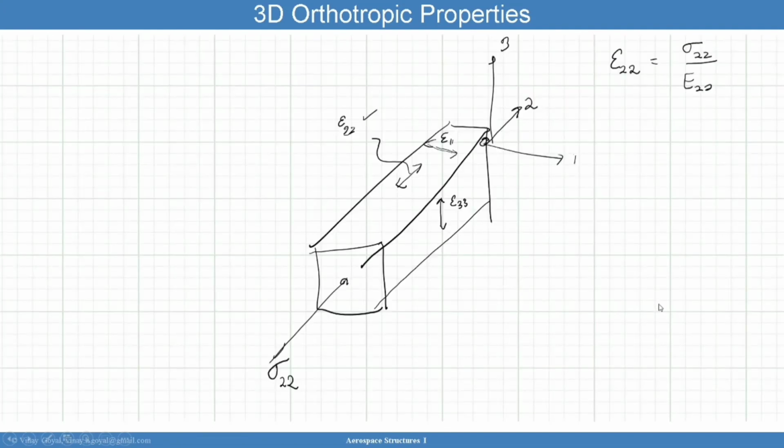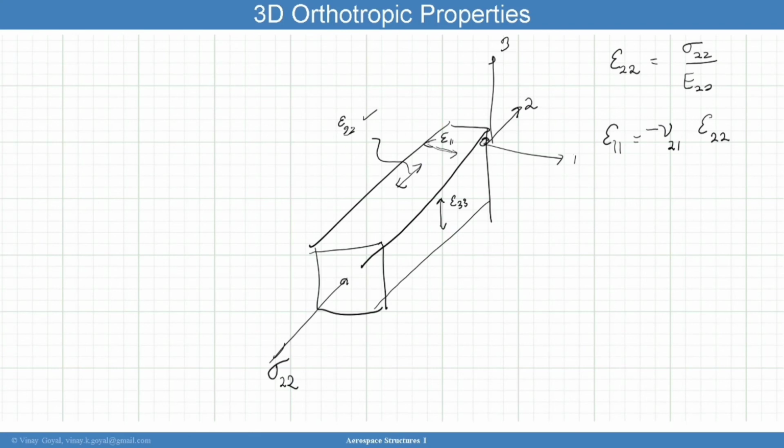Now if I apply a load in the two direction, there will be contraction in the 1 and 3 directions. So that strain will be a fraction of epsilon 2, and I know it's going to be a fraction based on the Poisson ratio. I'm loading in the two direction, measuring in the one direction.